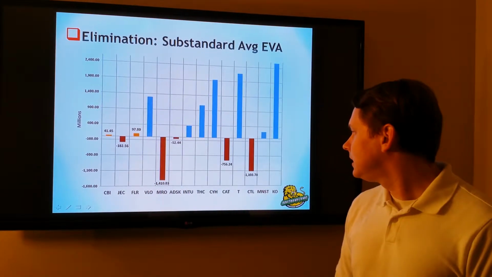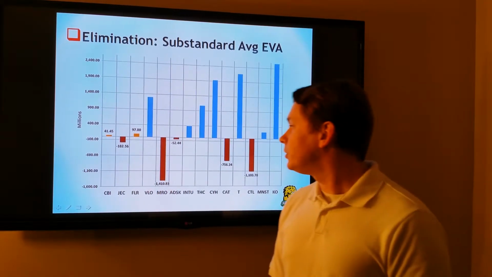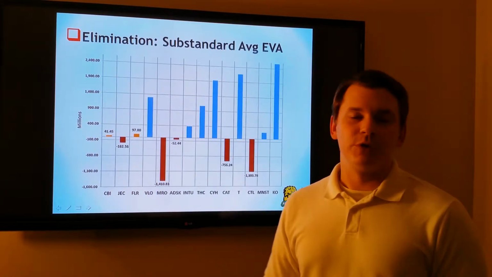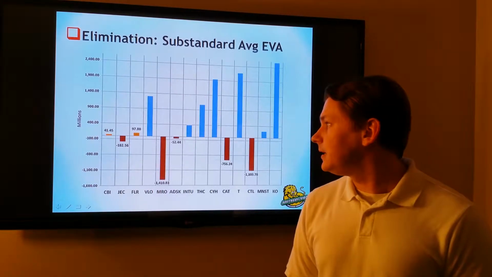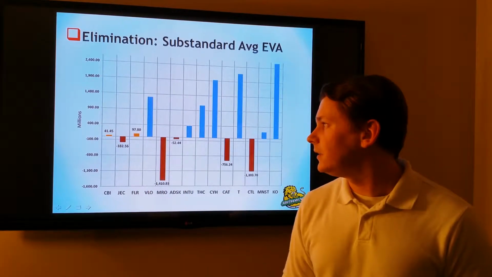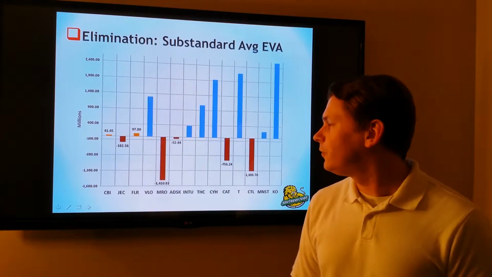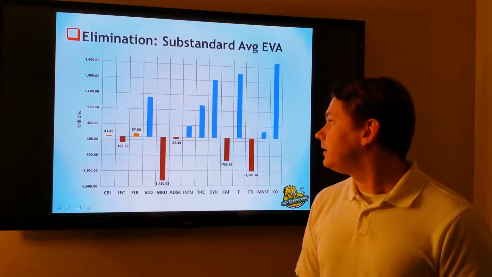But Marathon and CenturyLink, both on that average EVA, really, really underperformed. So simply not underperforming wasn't enough either. I looked at CDI and Fluor. Those guys just barely made it at 41.45 and 97.8 average EVA each.